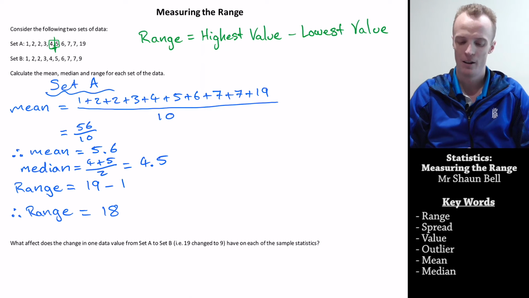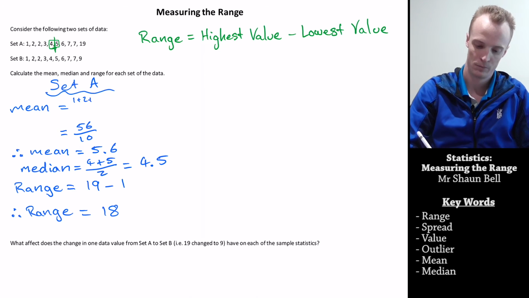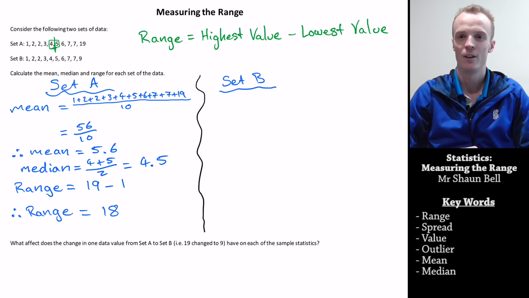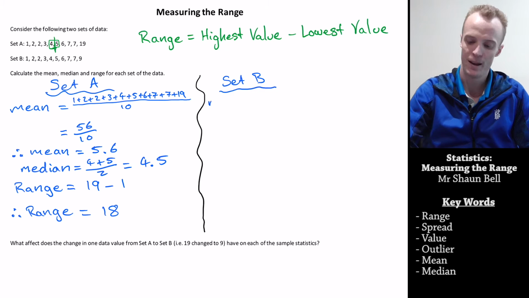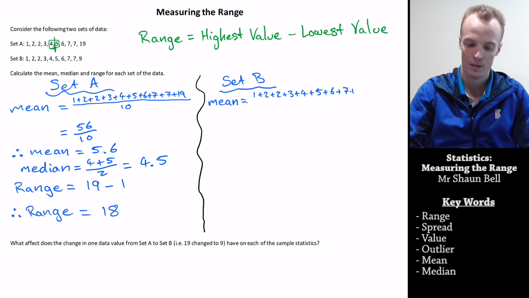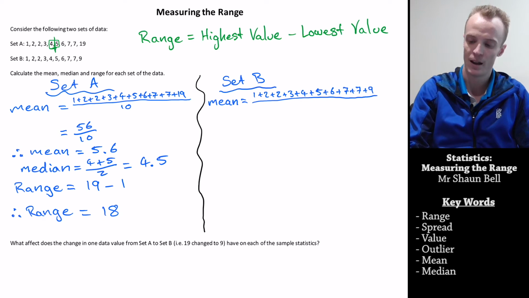Good? Alright, I'm going to look at set B, but I might do a quick bit of erasing so I've got some space. Alright, on to set B. Now in order to find the mean, remember we need to add all the data values together. So that's going to be the 1 plus 2 plus 2 plus 3 plus 4 plus 5 plus 6 plus 7 plus 7 plus 9, and then divide by how many data values there were.